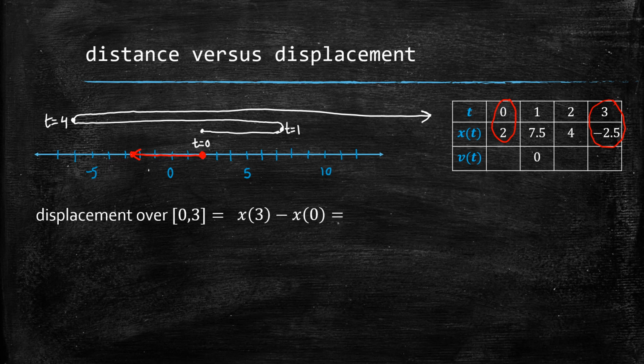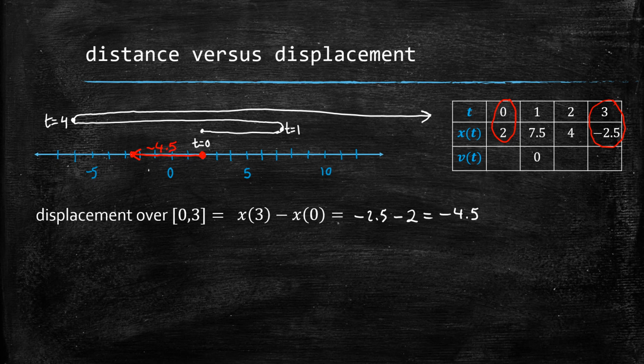To work out displacement, you take the position at the end of the interval, at 3 seconds, negative 2.5, and subtract where it started, at 2. And so the displacement is negative 4.5, the negative indicating that the particle is now to the left of where it started.